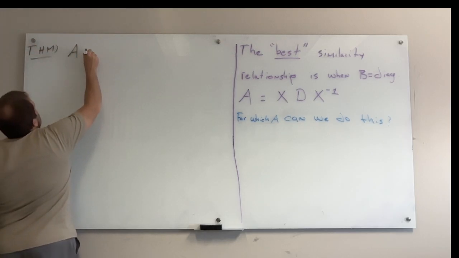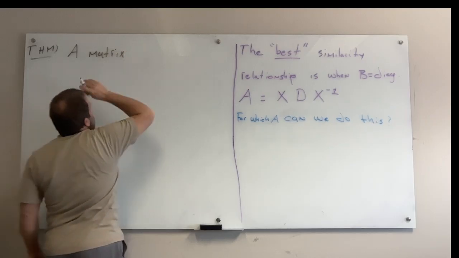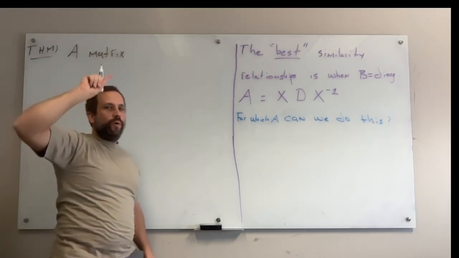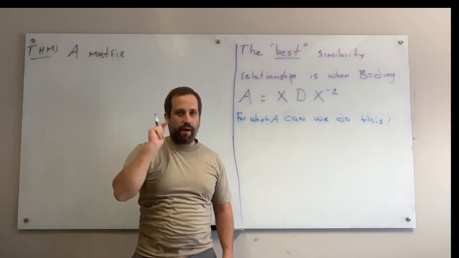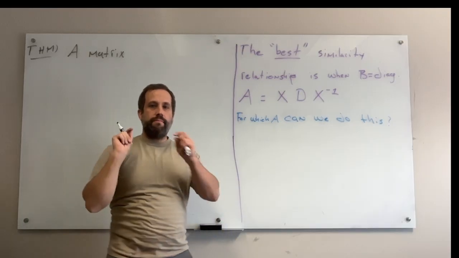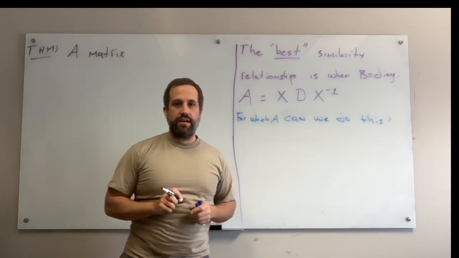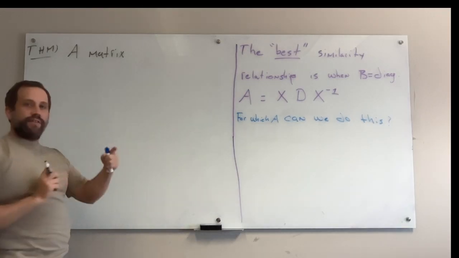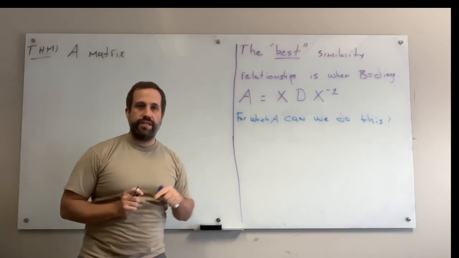A matrix, Hermitian is the right word. I always confuse the words Hermitian and unitary in my mind. A little embarrassing, but if a matrix is Hermitian, then it is diagonalizable. But that's not an if and only if condition. There are matrices that are diagonalizable that are not Hermitian.